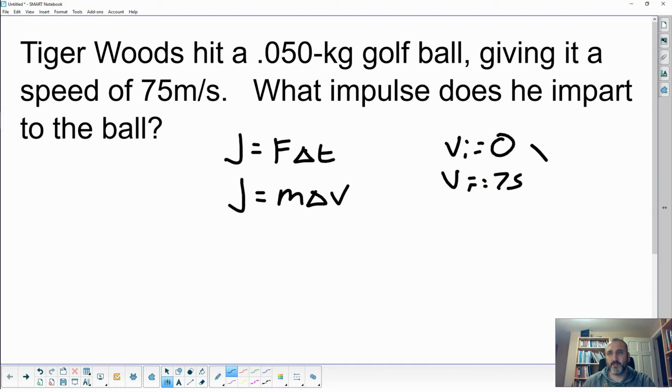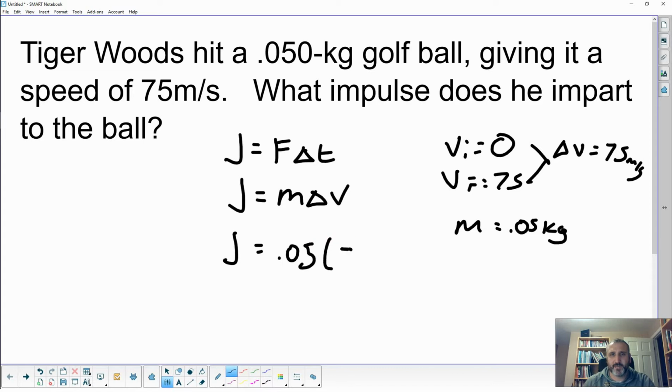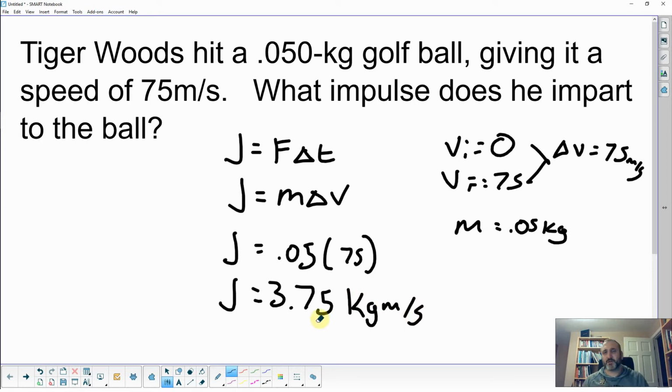The change in velocity, final minus initial, is positive 75 meters per second, and the mass is 0.05 kilograms. Plugging that in, J equals 0.05 times 75, which gives 3.75 kilogram meters per second. That's kind of crazy, because a golf ball that comes off a tee that fast only needs 3.75 kilogram meters per second of momentum.